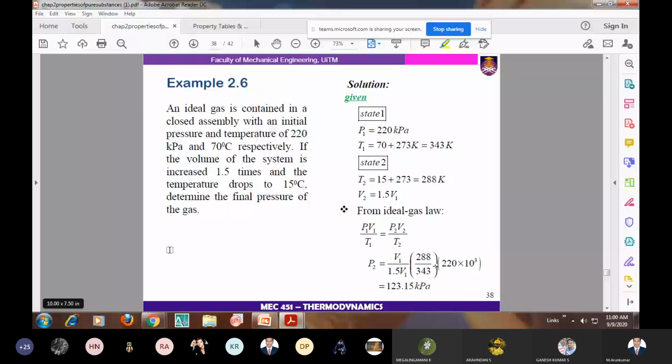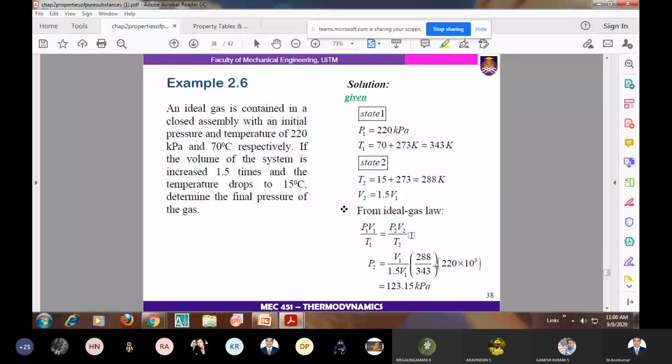So for different states, P1 V1 by T1 is equal to P2 V2 by T2 equal to P3 V3 by T3 equal to P4 V4 by T4. So we can extend the equation for the different states. Here we have only two states, so we have the equation as P1 V1 by T1 equal to P2 V2 by T2.